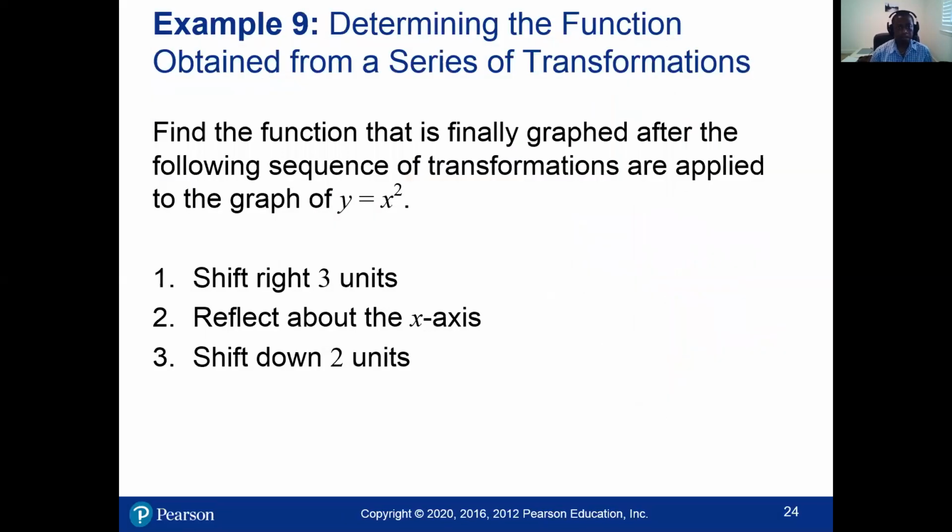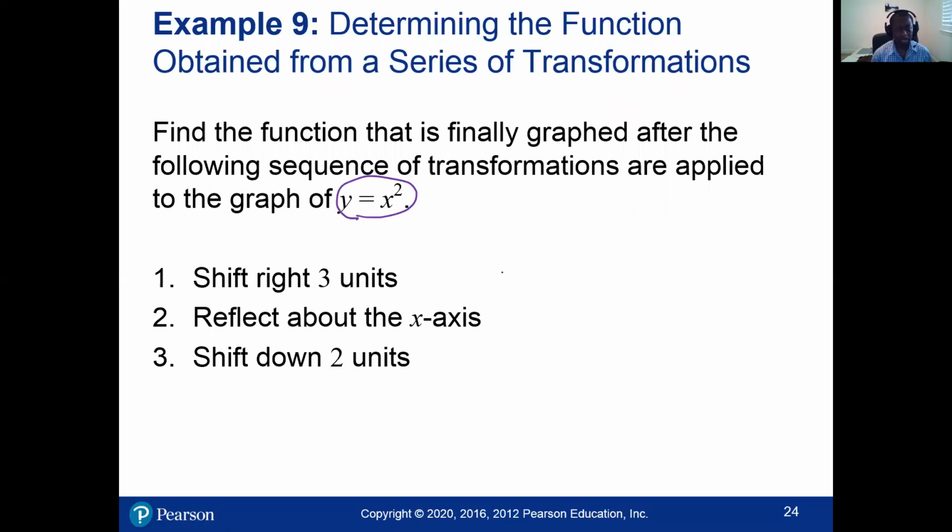So here, as a combination of what we have learned, I want to have a function. Find the function that is finally graphed after the following sequence of transformations are applied to the graph of y is equal to x squared. It said shift right 3 units.